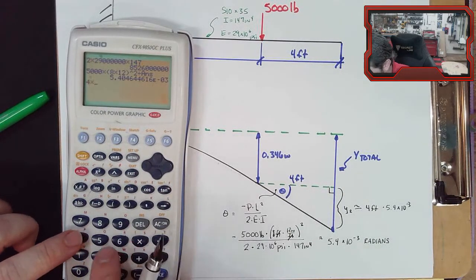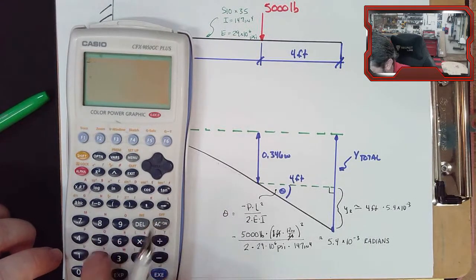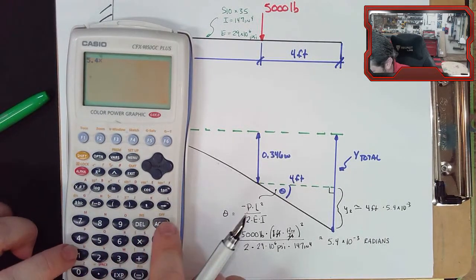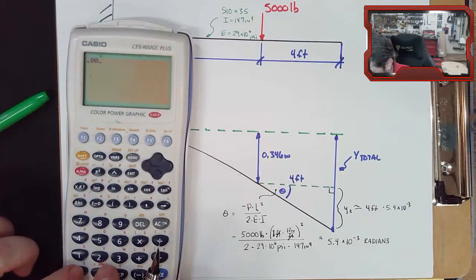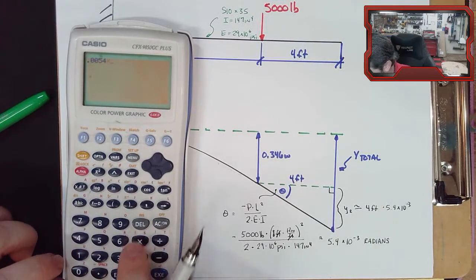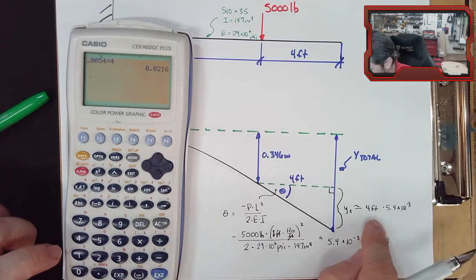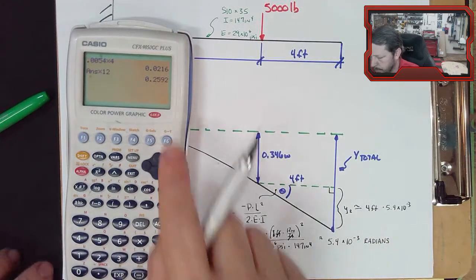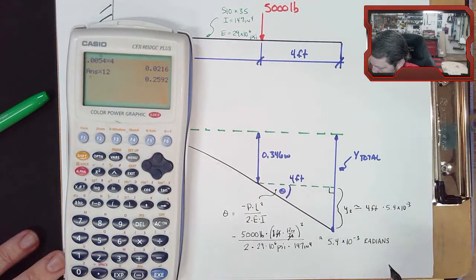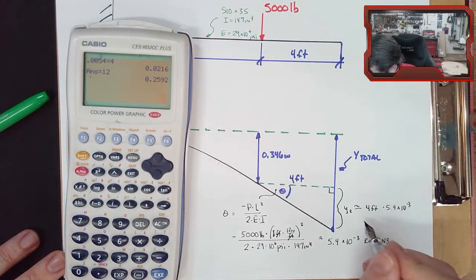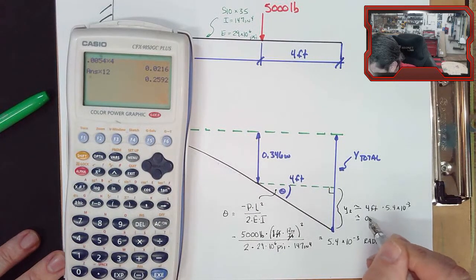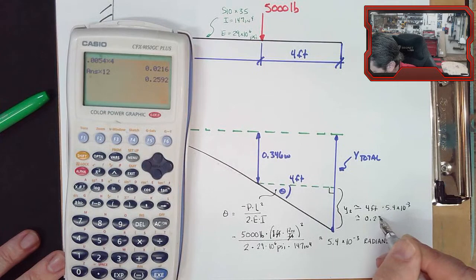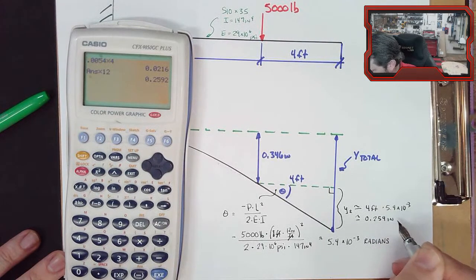4 times, well, let's see, 0.0054 times 4. Oh, feet, so times 12. 0.2592, if I wanted it in inches. So it's approximately equal to 0.259 inches.